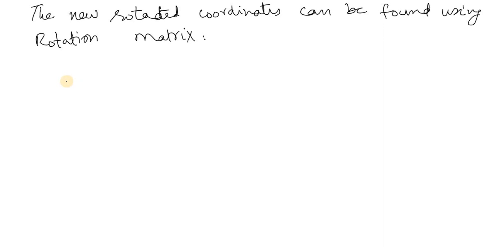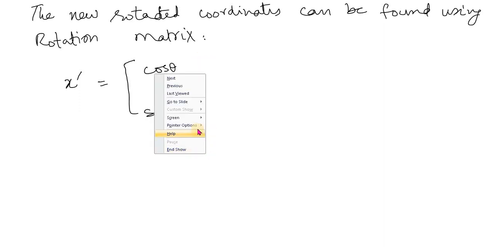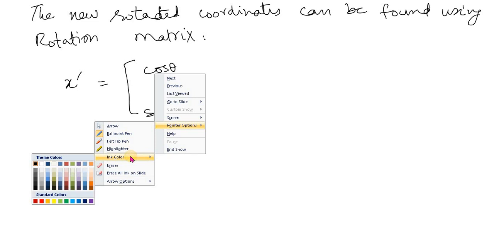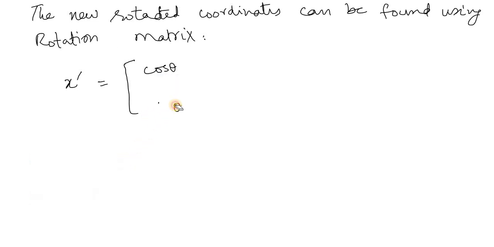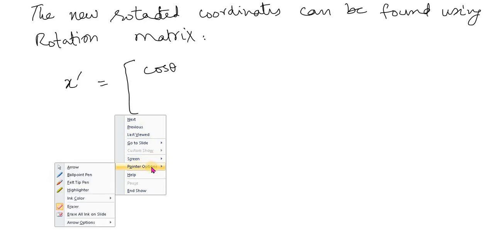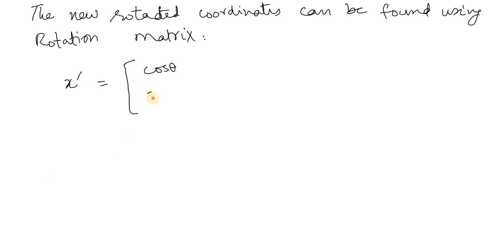So we have cosine theta, sine theta, and then minus sine theta and cosine theta.